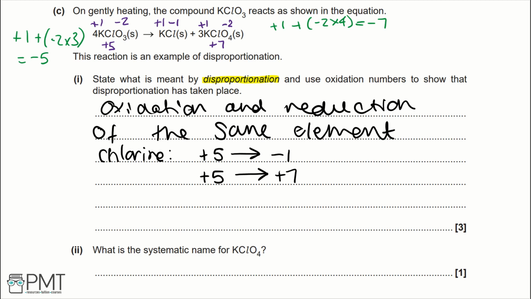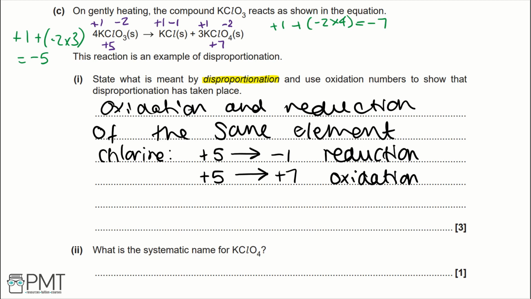So if we link it to the oxidation and reduction, oxidation is the +5 to +7, and then reduction is the +5 to -1 change in oxidation state. To get the 3 marks for this question, firstly, you need to have the correct definition, so oxidation and reduction of the same element, saying that it's chlorine, and then giving the example of reduction and oxidation using oxidation numbers or oxidation states.